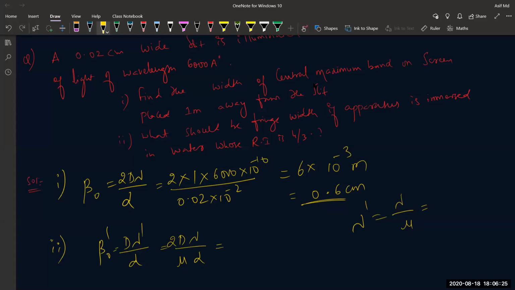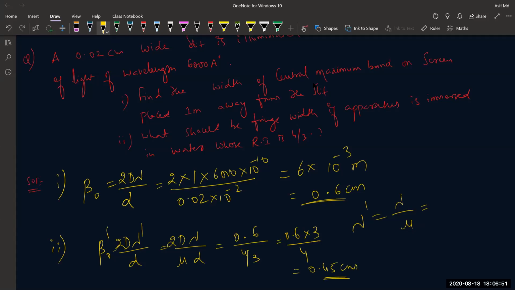So it is 2d lambda by d, whose value is 0.6. That becomes 0.6 divided by the refractive index 4 by 3, so 0.6 into 3 divided by 4. 6 by 10, 6 threes are 18, 18 by 4. This comes to 0.45 centimeters.